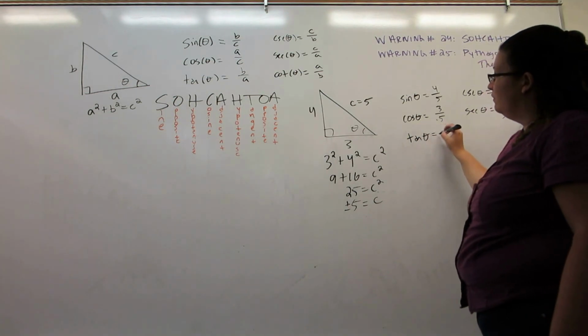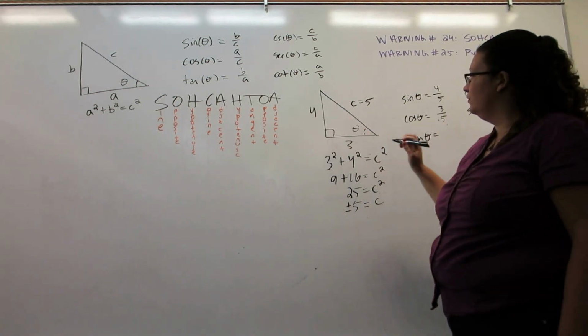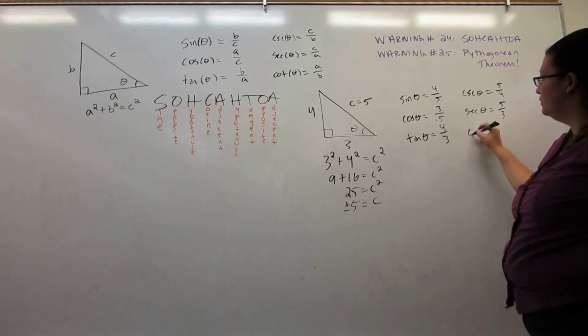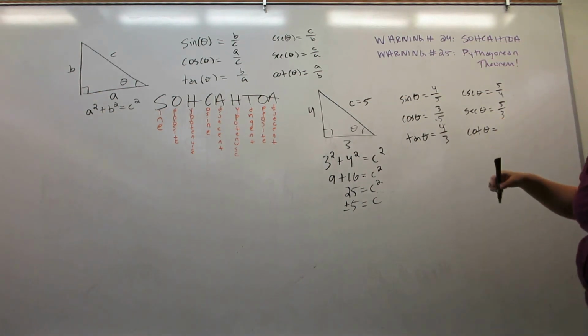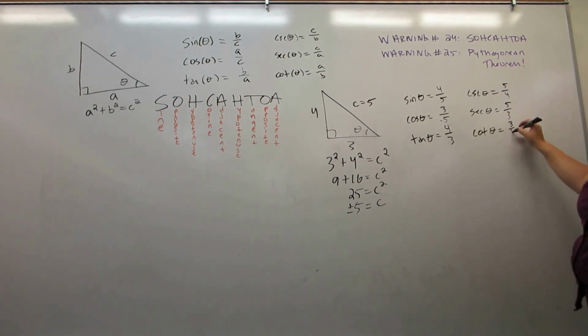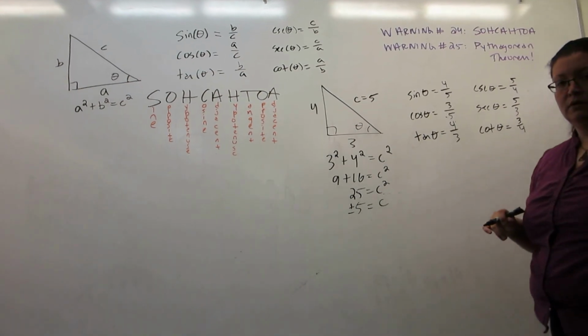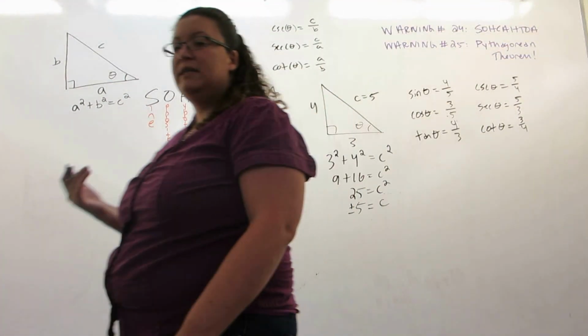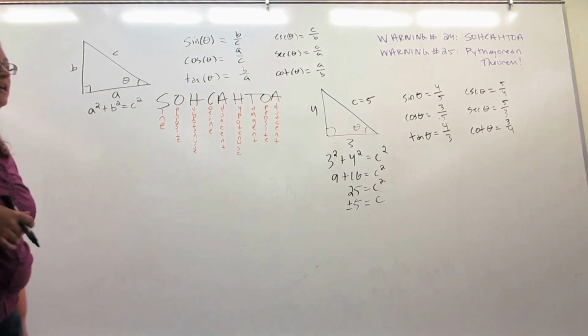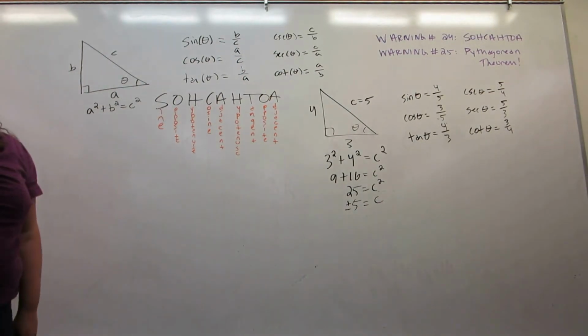The tangent of theta is opposite over adjacent, or 4/3, which means that the cotangent of theta is its reciprocal, or 3/4. Okay, so once we knew all 3 sides, we could use SOHCAHTOA in order to find all 6 trigonometric functions for that angle.